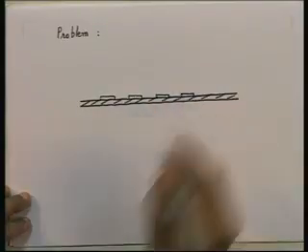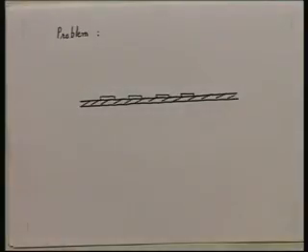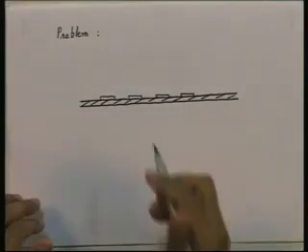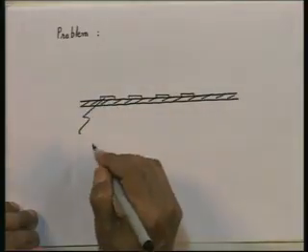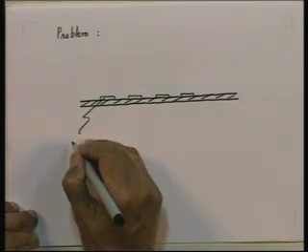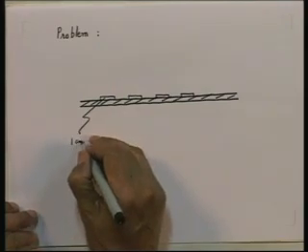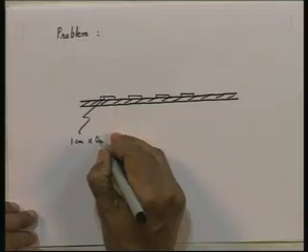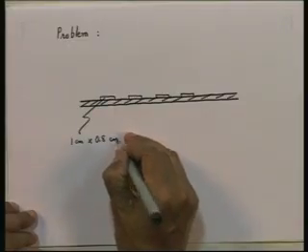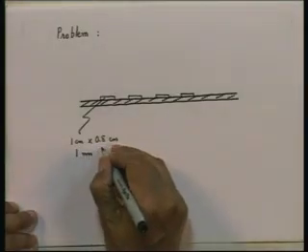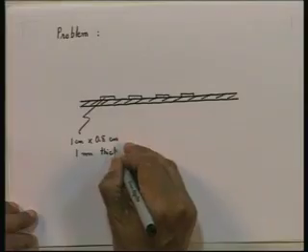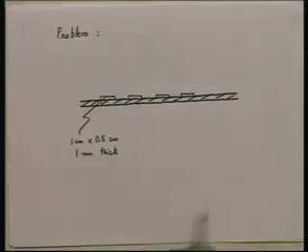Like this, all right. And let us say the dimension of each chip is 1 centimeter by 0.8 centimeters and it is 1 millimeter thick. Each chip is of this size, it's a rectangular chip, 1 centimeter, 0.8 centimeters and a millimeter thick.